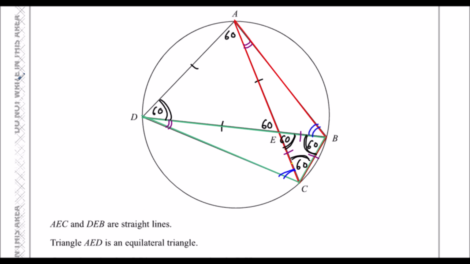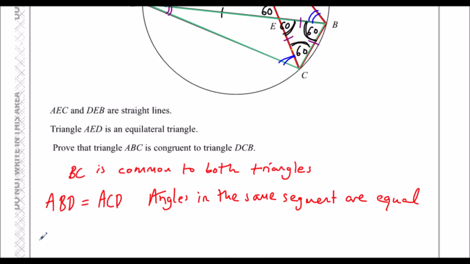We have these two equal, so actually we need to know it's 60 degrees, don't we? So all angles in ADE are 60 degrees, because it's an equilateral.